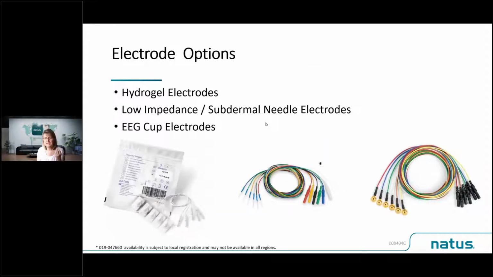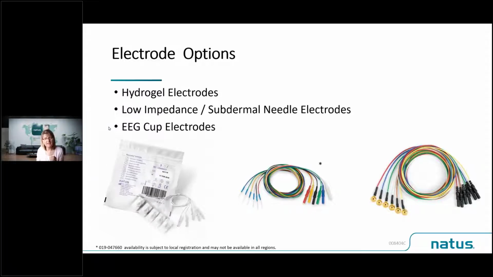So let's have a look at the electrode options. These are really the options that we're going to talk about today. So again, with the Olympic Brains Monitor, we can utilize any of these electrodes, hydrogels, needles, cup electrodes, or really any compatible electrode with a 1.5mm connection hub.